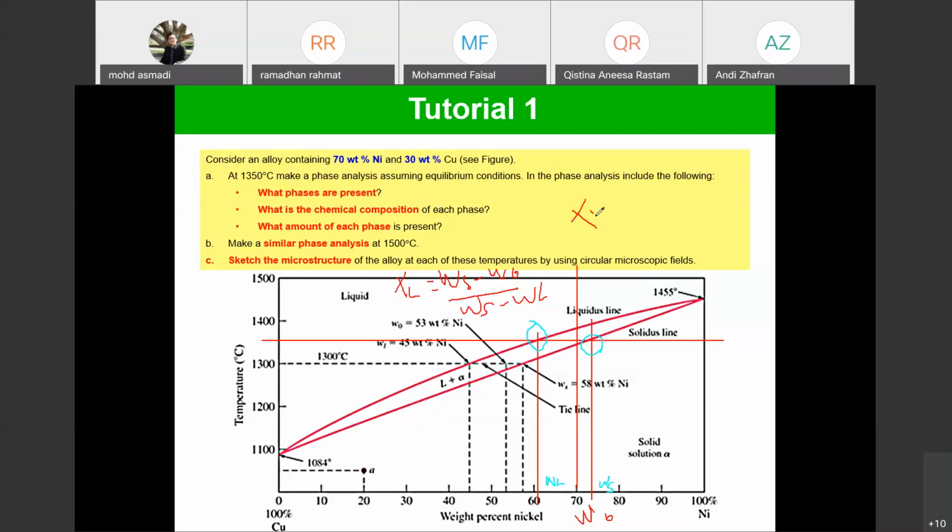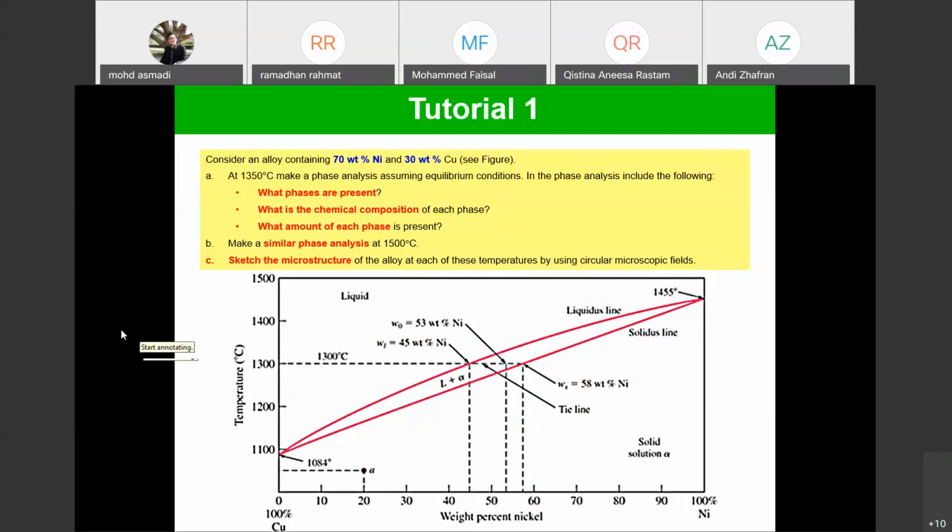While for XS, for solid, equal to W naught minus, oh sorry, double click. Oh my god, this is the limitation of the WebEx. Once you double click, it disappears. So XS equals W naught minus WL divided by WS minus WL. So you can get the answer for the amount of each phase present, for the solid as well as liquid. So that is the answer for A.